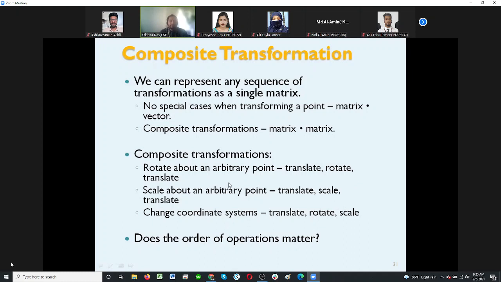Also, whenever you go for animation, you will see that composite activity is important, because your object is not only moving from one place to another, simultaneously maybe you are also applying changes with some rotation or scaling and other functions. So that is what we are going to do.